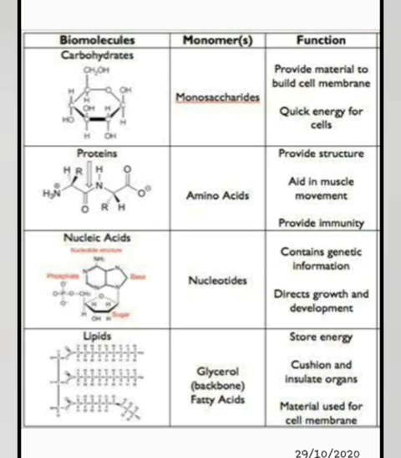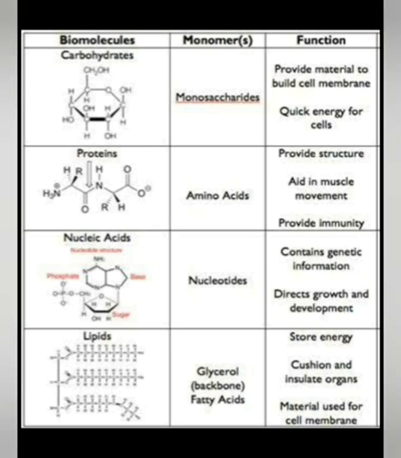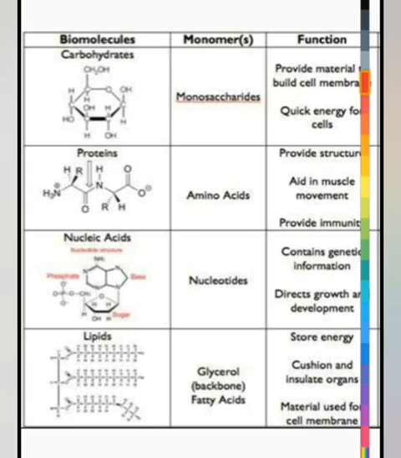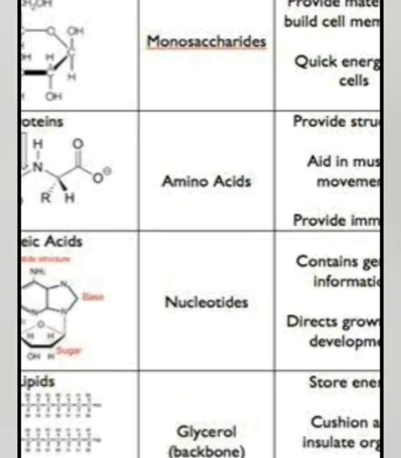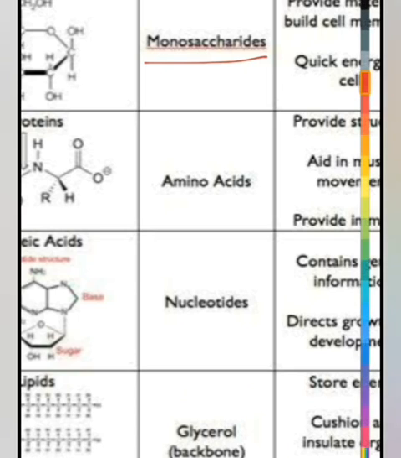Now coming to the different major biomolecules and their functions. The first one is carbohydrate. The structural unit or monomer of a carbohydrate is the monosaccharide, and these monosaccharides make up complex carbohydrates which are known as polysaccharides.